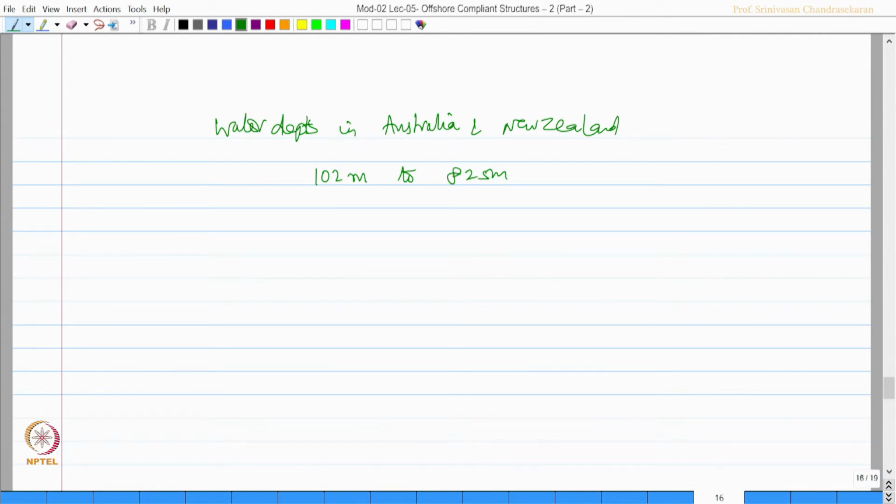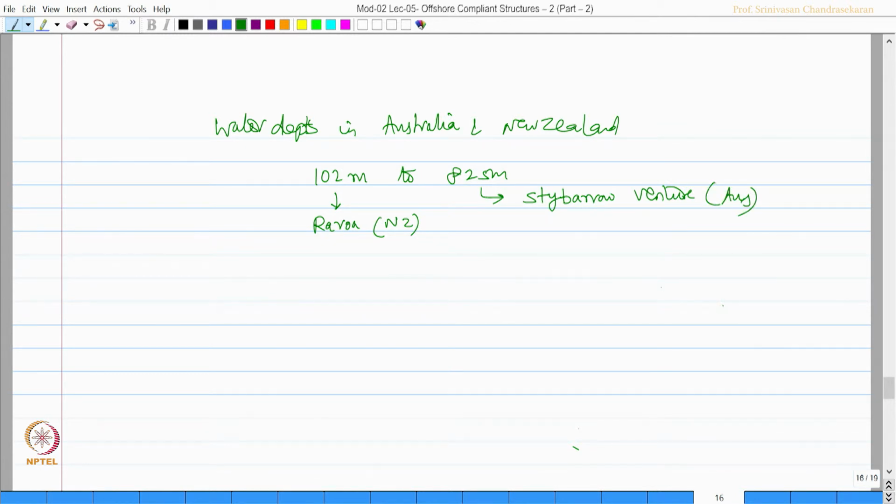For example, at 102 meter we have an FPSO which is Raroa, which is in New Zealand, and at 825 meter we have an FPSO which is Stationkeeping Venture, which is in Australia.